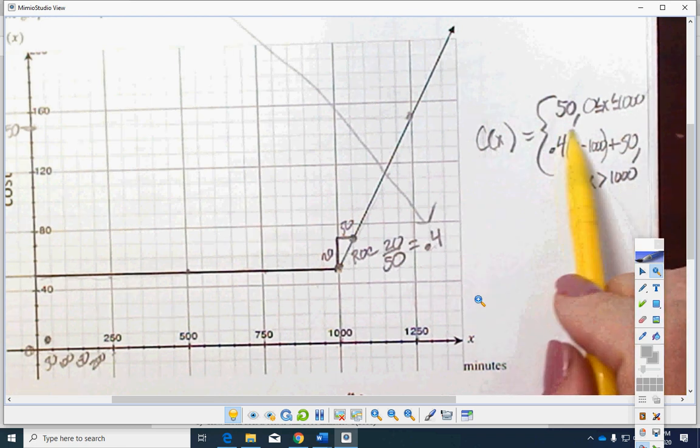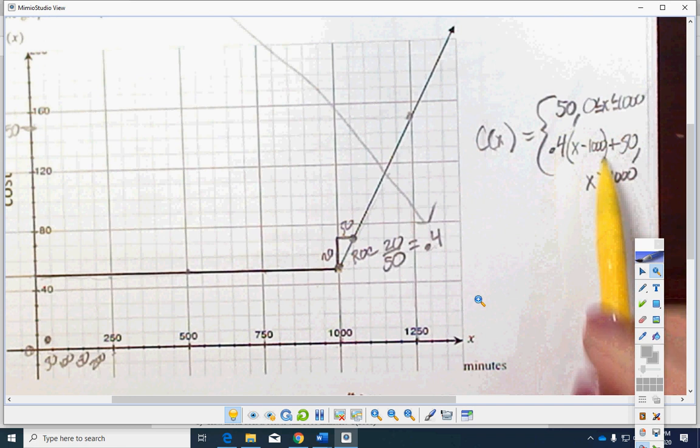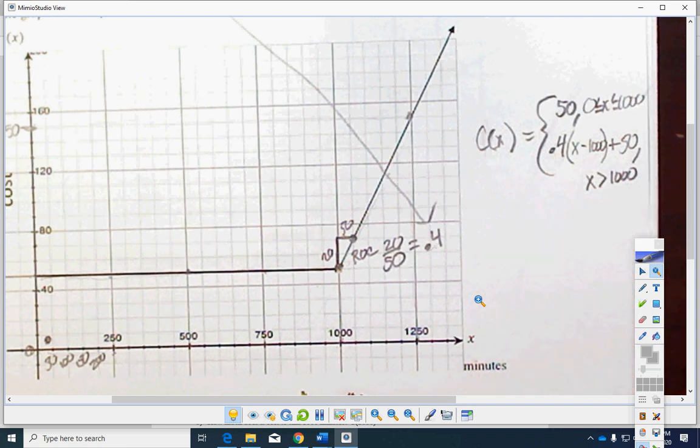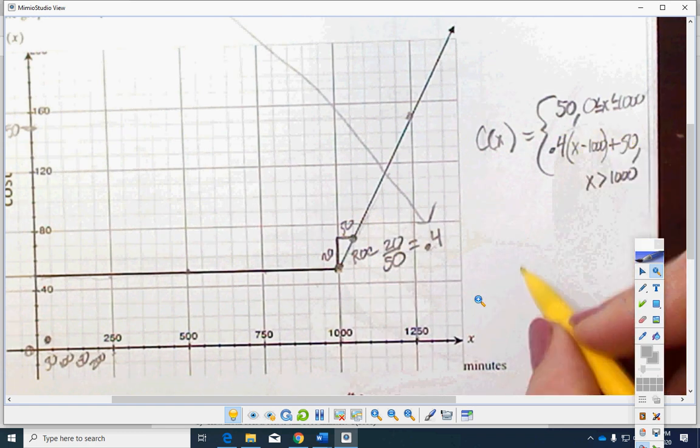I don't have to distribute and simplify this. That's an acceptable equation. So since it's acceptable, I choose to leave it. I don't do extra work if I don't need to. If you really wanted to know where it hit that y-axis, we would distribute.